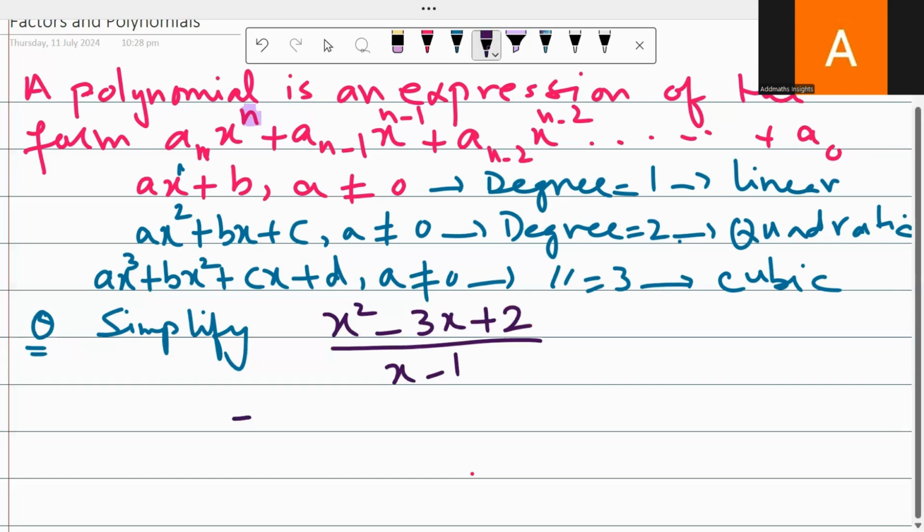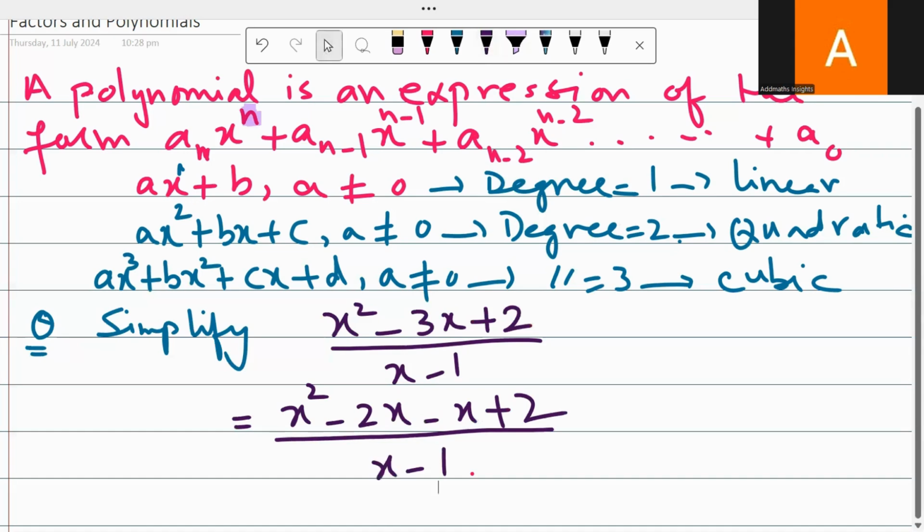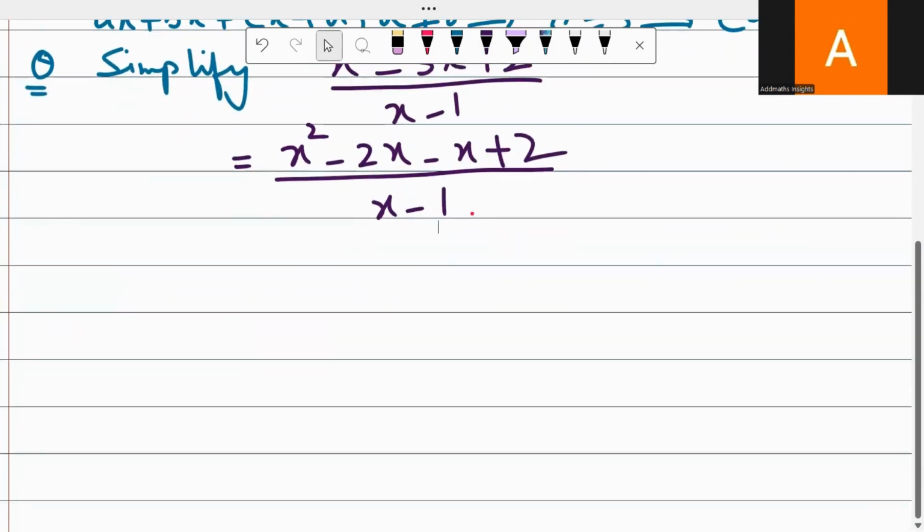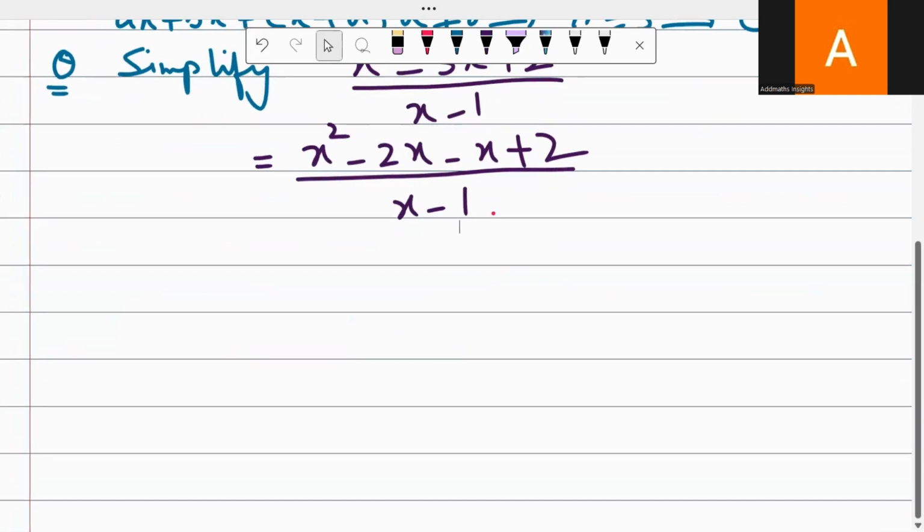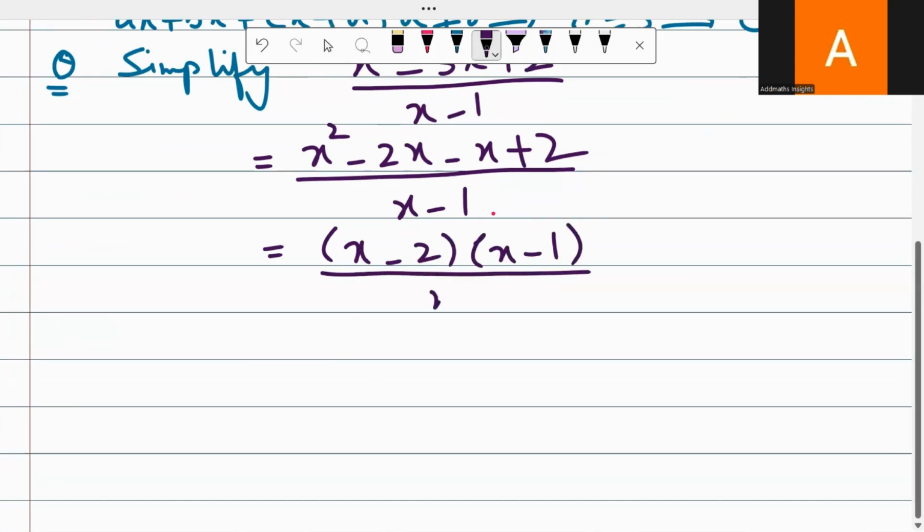You just factorize this expression, and you can write it as x² − 2x − x + 2 over x − 1. When you simplify, you can write it by taking x as common and then −1. When you divide it, your answer is x − 2. So this is how you can divide expressions.